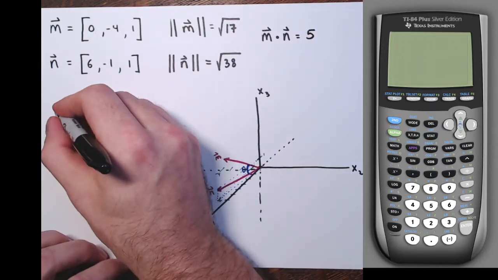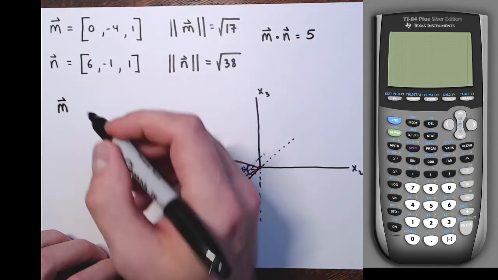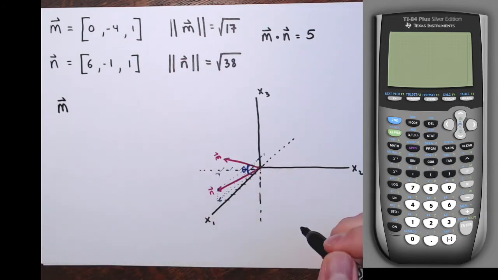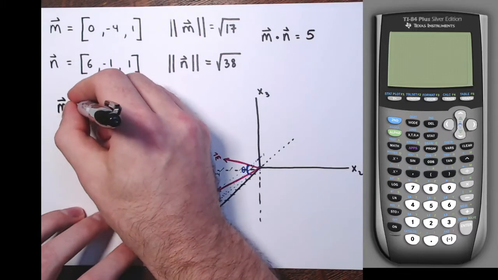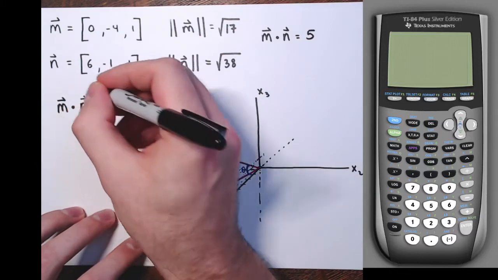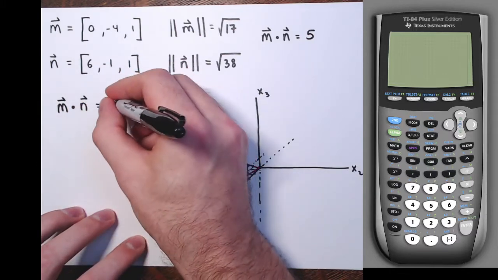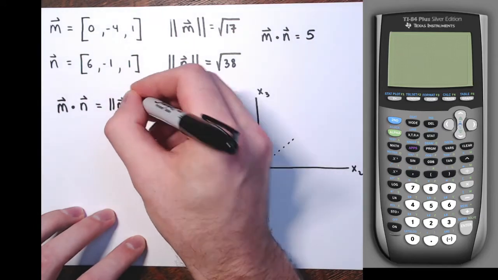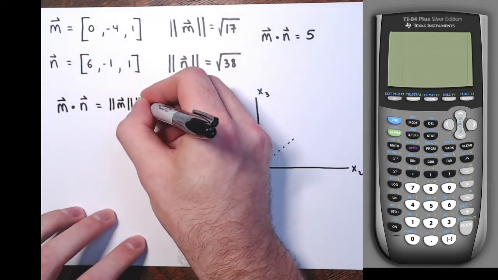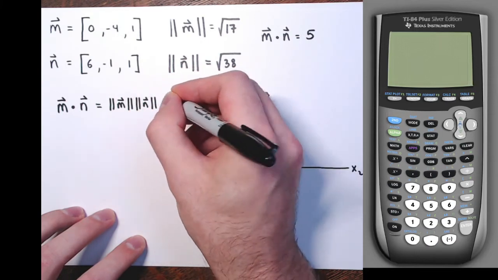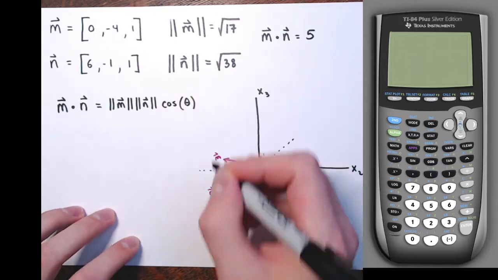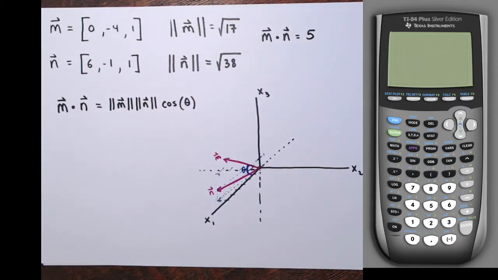And then I'll write this formula again, involving the dot product, the magnitudes, and the angle the vectors form. So m dot n should be equivalent to the magnitude of m times the magnitude of n times the cosine of the angle between them, the cosine of theta, and we'll solve for theta.